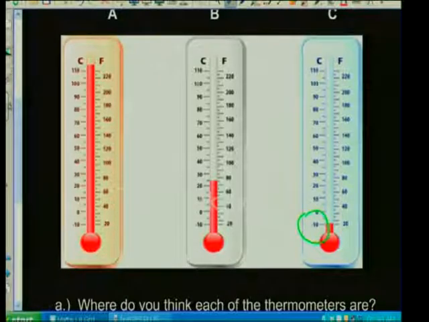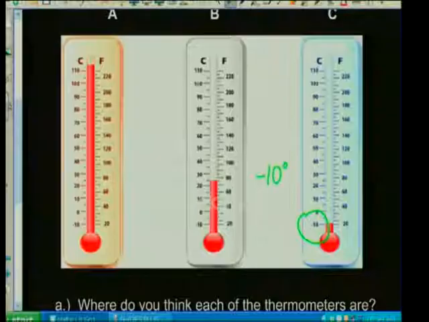Remember when we did numbers a couple of weeks ago, we were discussing whether we had positive or negative numbers and where we see negative numbers, and this was one of the examples. So I'm glad it came up today. We have -10 degrees Celsius, and I think that would probably be in my freezer. My freezer's thermometer would be below freezing point.